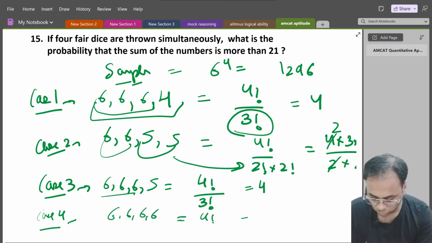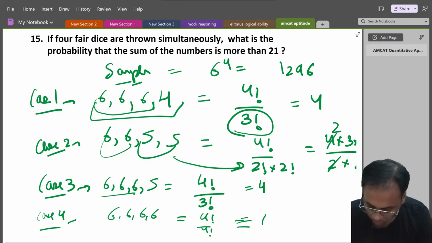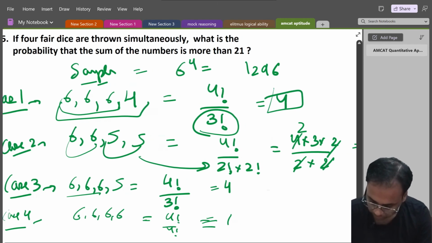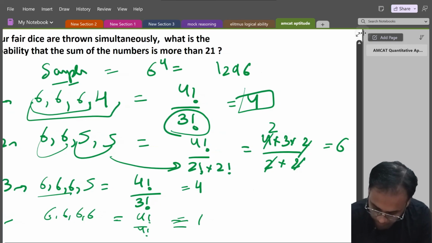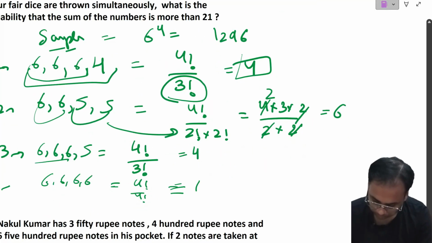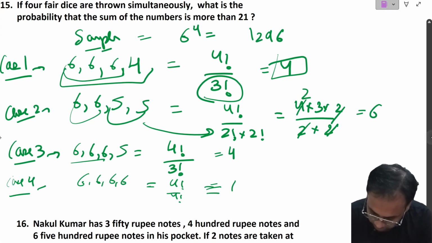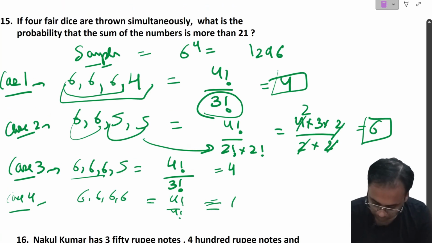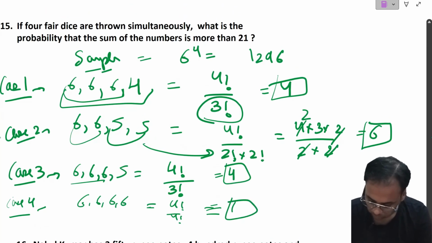So it will be factorial 4 by factorial 4, that is 1. If we add up all these cases, case number 1 is 4, case number 2 is 6, case number 3 is 4, and case number 4 is 1.